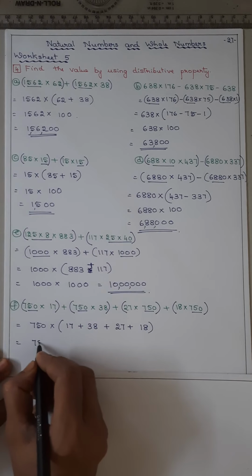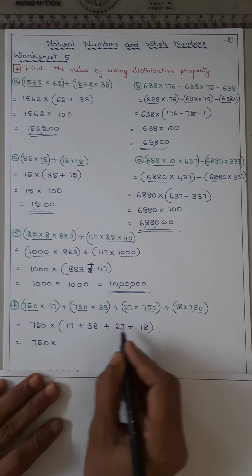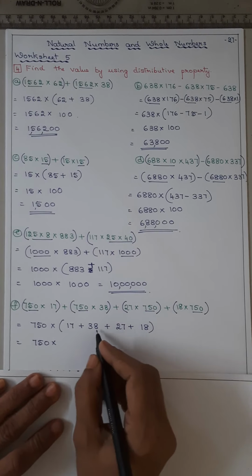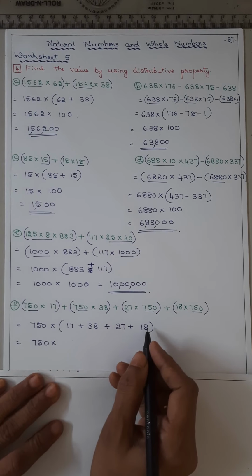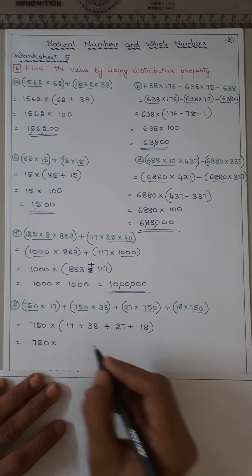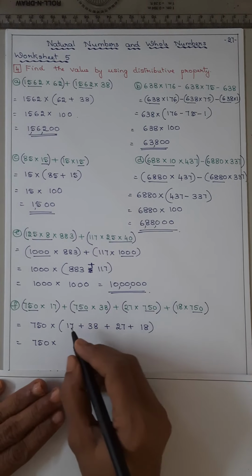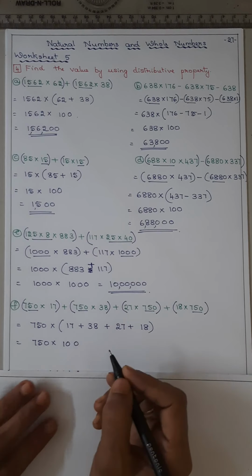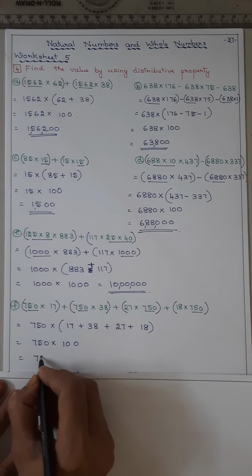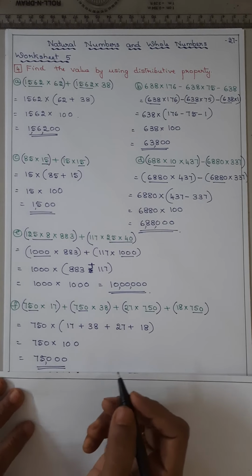Now add: 7 plus 7, 14. 8 plus 8 is 16. 16 plus 14, how much will it be? 30, isn't it? 3 plus 3, 6. 7, 8, 9, 10. So you got 100. So the answer is 750 and 2 zeros. So the answer is 75,000.